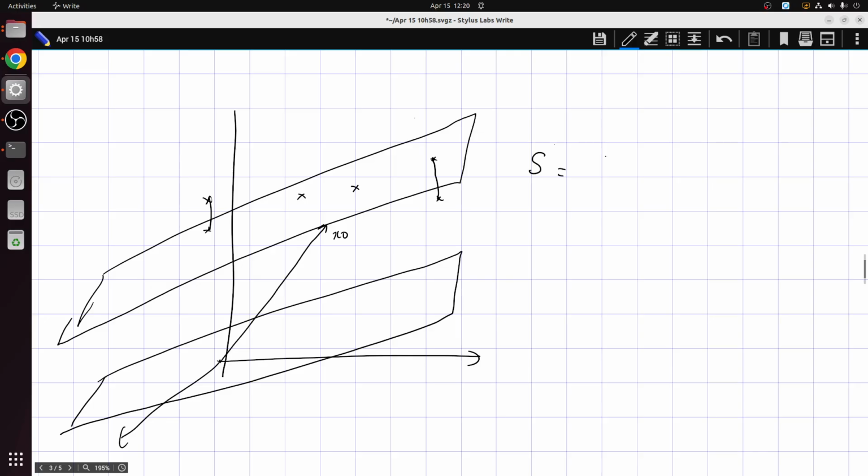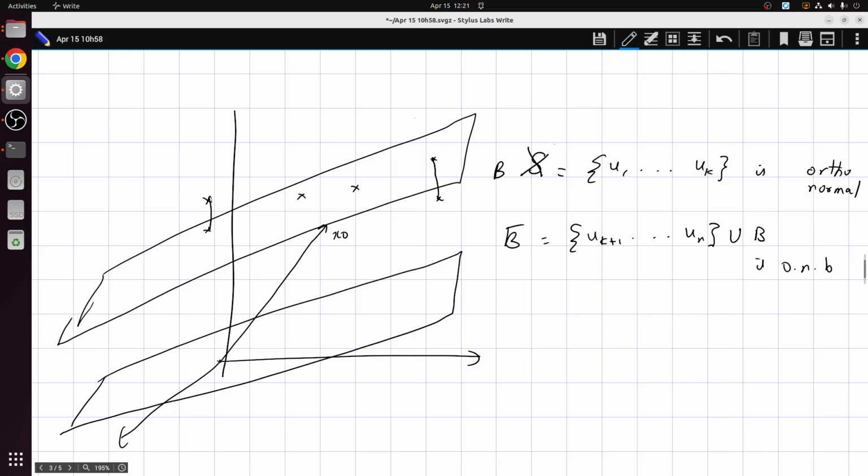Let us say u1 to uk is an orthonormal basis for the subspace. Instead of s, if you permit me, I will change it to b. Then you can find b bar, which is an extension, uk plus 1 to ud, union b, which is again an orthonormal basis. This is the same discussion that we have been having earlier.